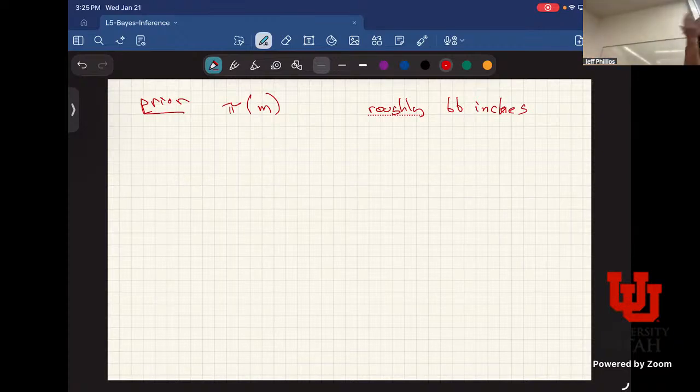This is like 5'6". So let's say this is about right, but I'm not sure about it. So I'm going to say roughly plus or minus 6 inches.